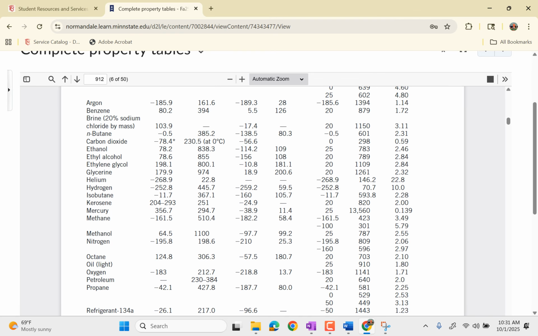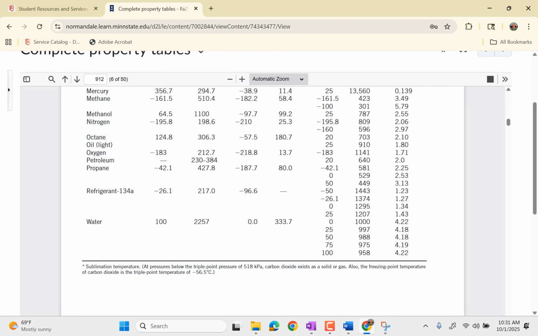Okay, for water it gives the specific heats at a few different temperatures. We want it at 100 degrees Celsius. You can see that it varies a little bit. It's sort of a symmetric, parabolic shape, but it doesn't vary much by percentage. But we want it at 100 degrees Celsius.